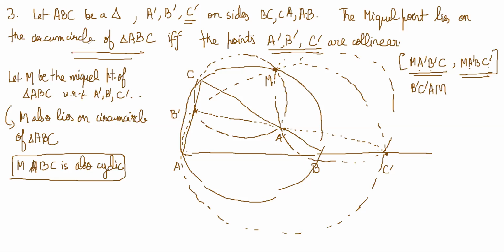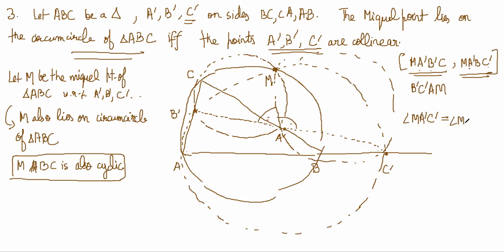Correct. So let's write down some angles. How do we prove collinearity? We prove maybe that this plus this is 180. If you can prove that this plus this is 180, then we know collinear, right? So angle M A dash C dash will be equal to angle M B C dash, correct.